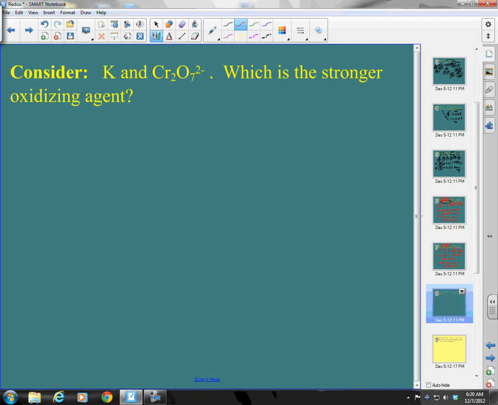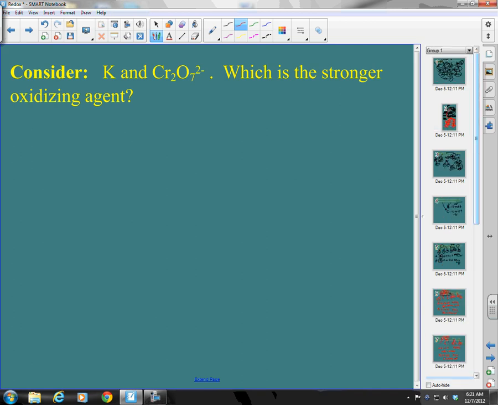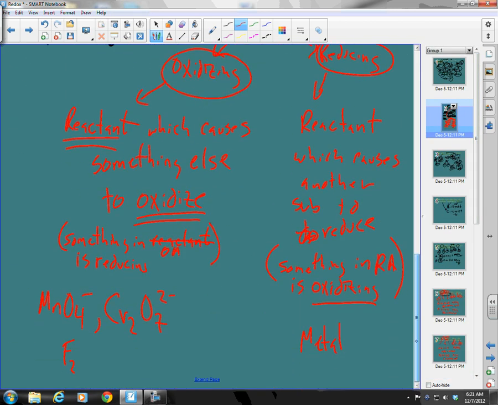Lastly, let's look at potassium and dichromate. Which is the stronger oxidizing agent? Aha, we've already gone through that. Let's go back and take a look at our notes for a second. I said, what are some really big, important oxidizing agents? Permanganate, dichromate, fluorine, right here.